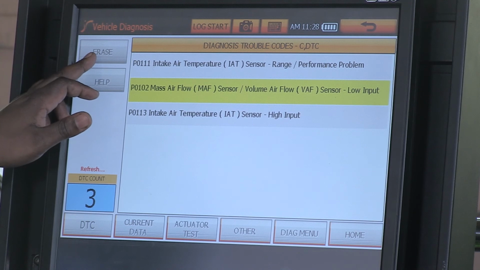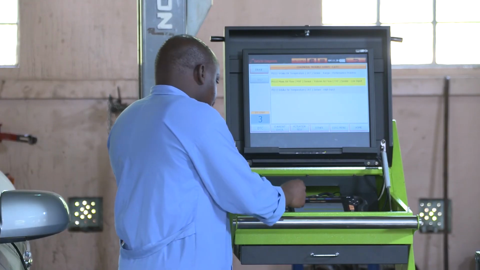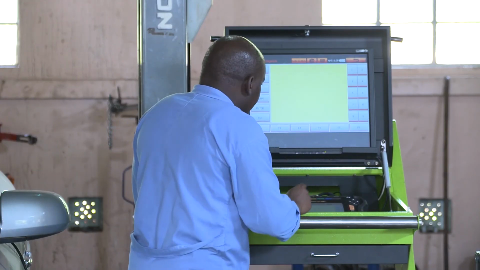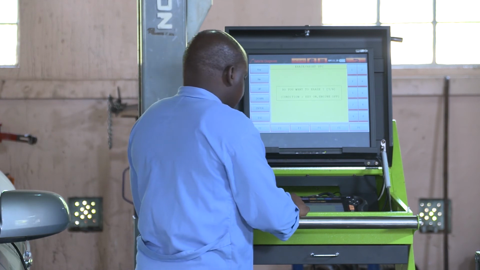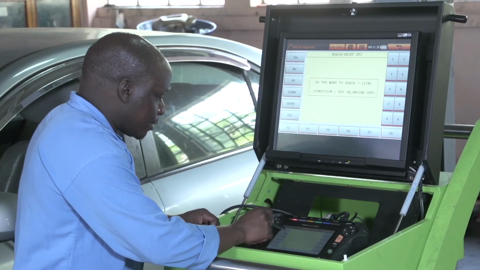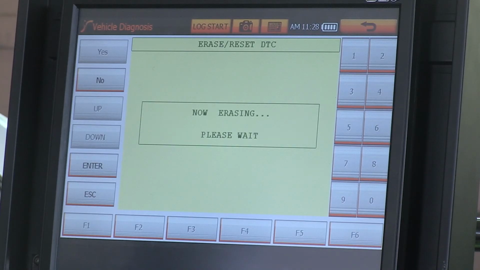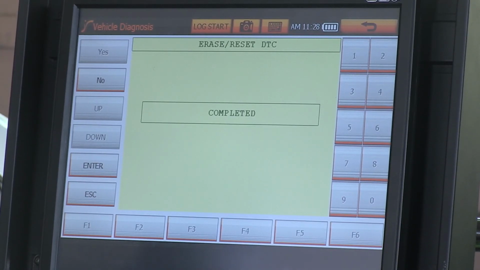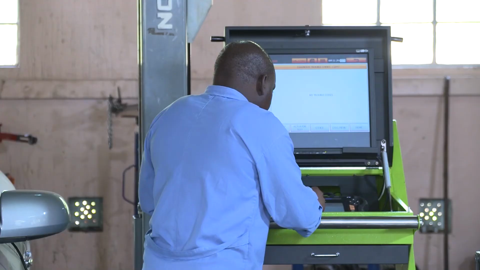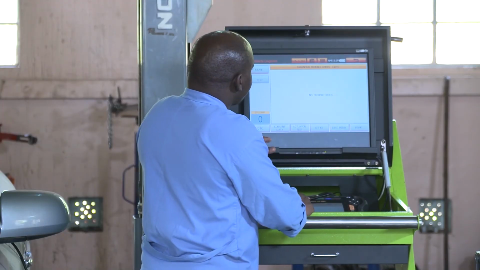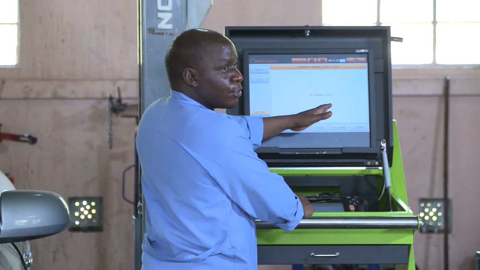Erase or clear those codes. That is why we are going to do this to erase. Then, yes, we erase, okay? Erasing or reset is completed.